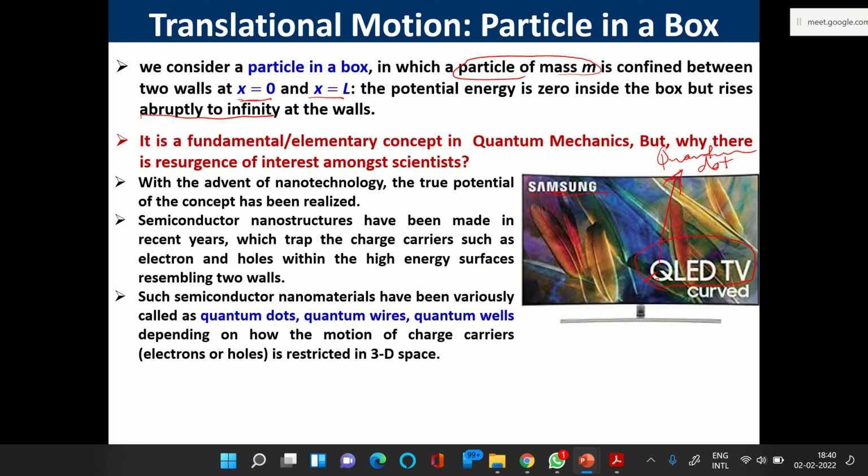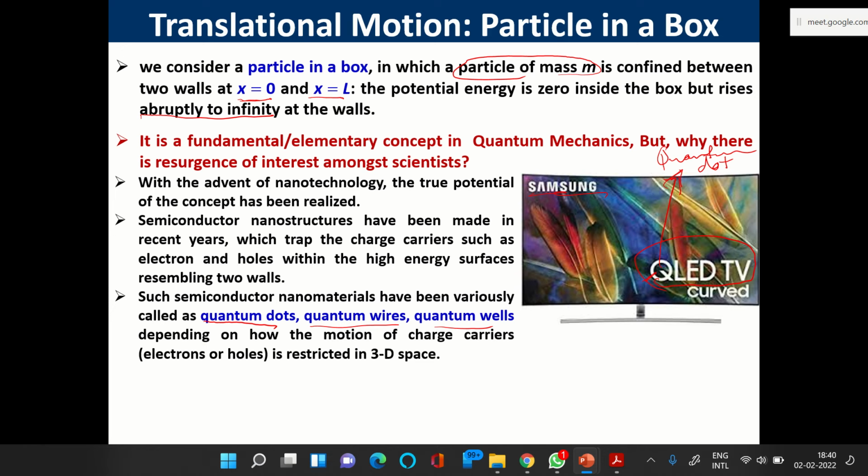The beautiful colors, the multiple shades of color that these devices are able to regenerate, are a classical application of quantum dots and quantum wires. These are different terminologies given to nanomaterials, and how they are prepared and what the length scale is can be described.